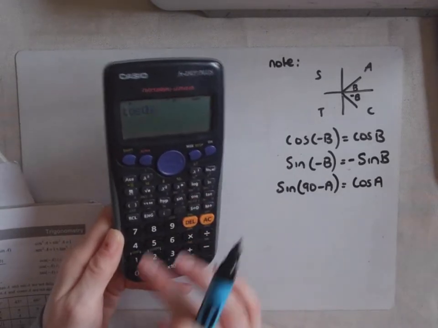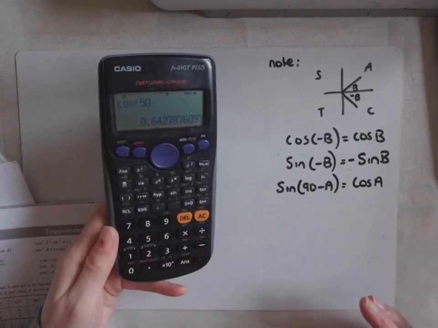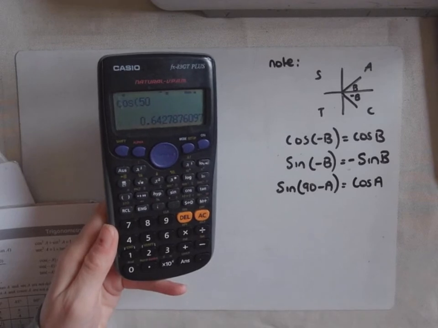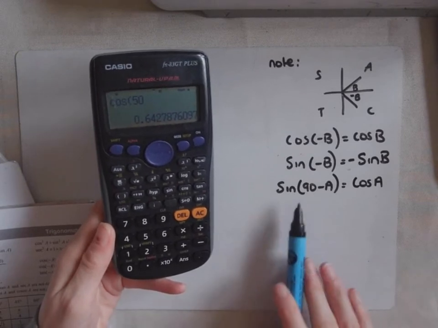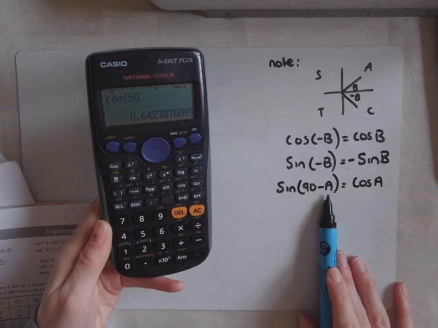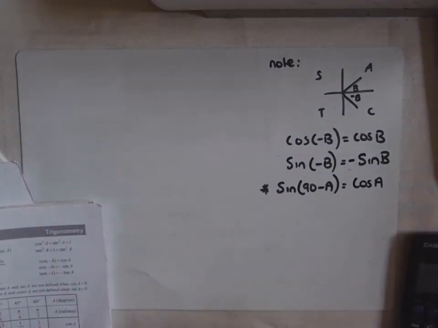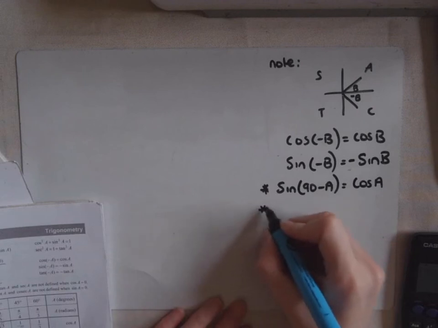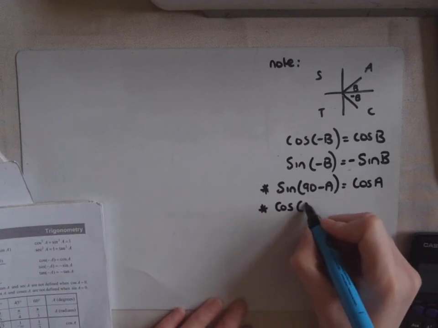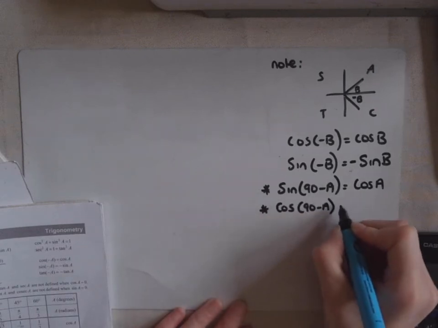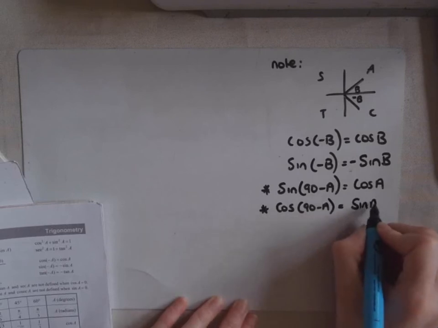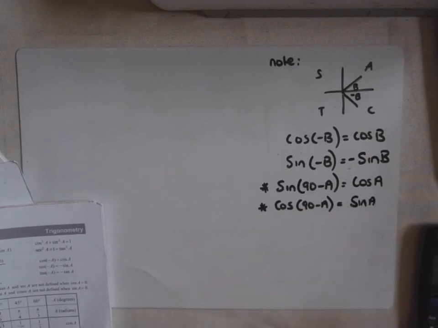That should be the same as cos of A, cos of 50, 0.64. That's the same for all your trigonometric ratios. So sine of 90 minus the angle is cos of the angle. You need to learn that because we're going to use it. And same for cos of 90 minus A is equal to sine of A. So we're going to use that now to prove a few more.